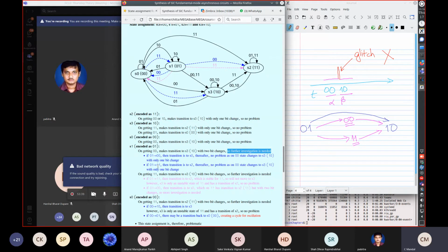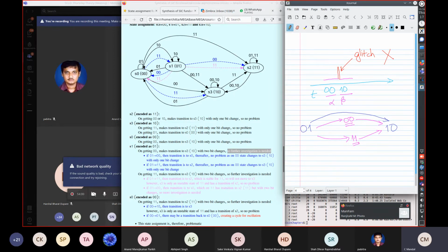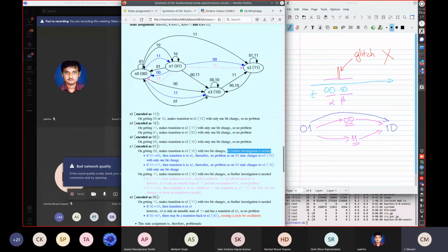Instead of going to 1, 0, you could have this transition. First, it changes to 1, 1. Okay, you first have this situation where the state is changing to 1, 1. So that means you are coming here.